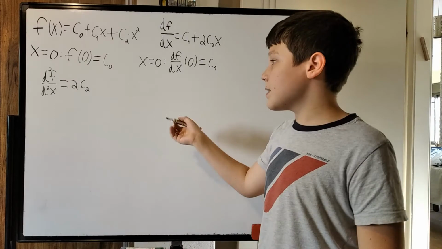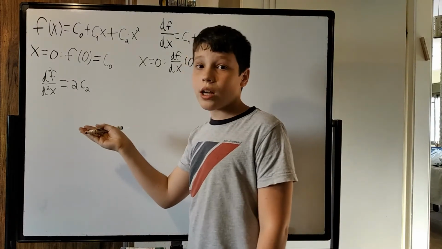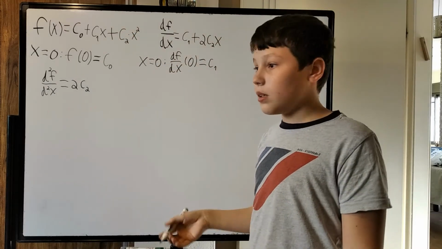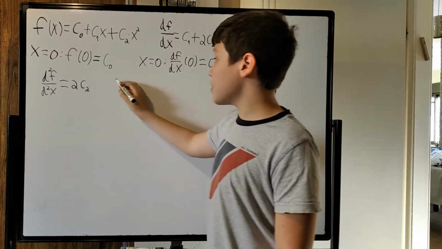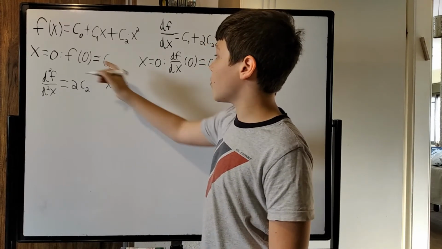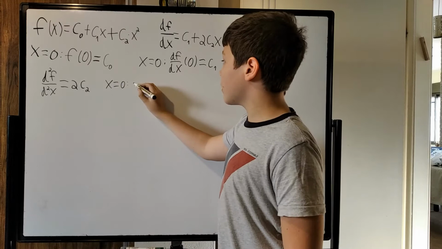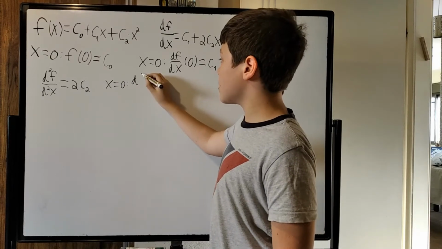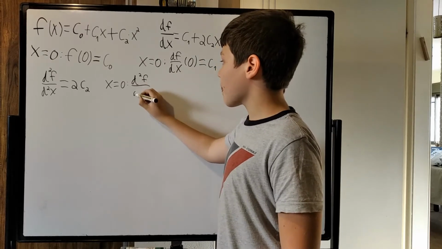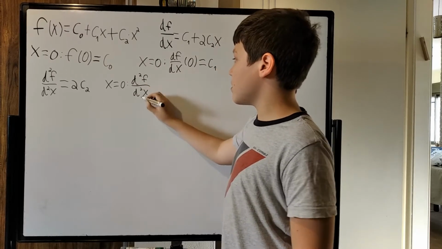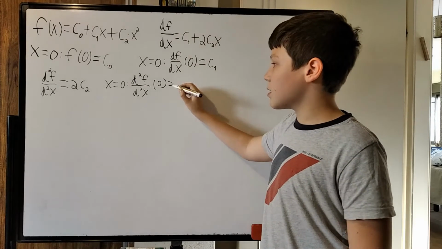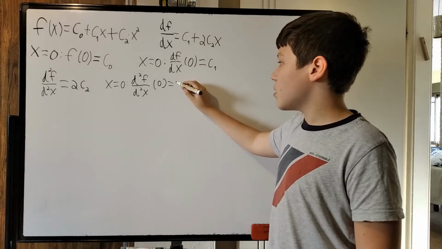And that's it. The second derivative is just a constant since the polynomial is of second degree. But we'll continue what we did, plugging in x equals 0. We'll get that the second derivative evaluated at 0 is going to be 2c2.